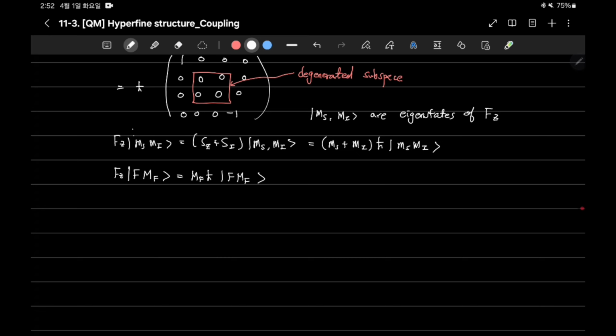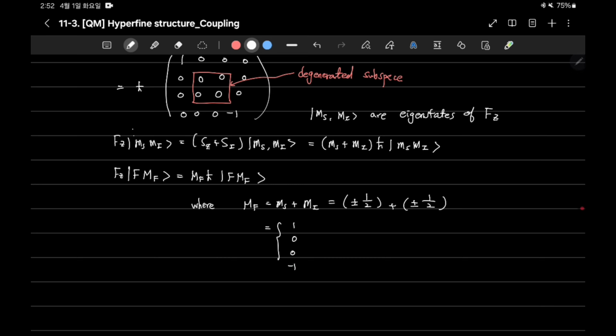Here MF is MS plus MI, where MS is plus or minus spin 1/2 and MI is plus or minus spin 1/2, so there are 4 possibilities: 1, 0, 0, minus 1.